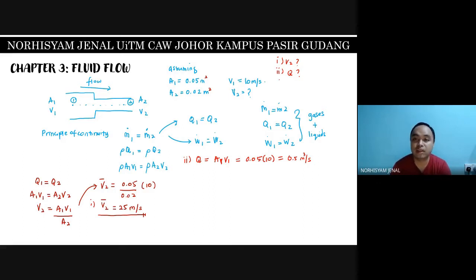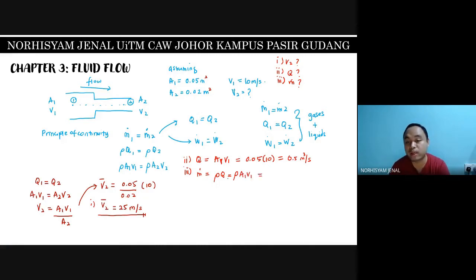All right, number 3, maybe they will ask you what is mass flow rate. Okay, so number 3, the mass flow rate should equal to rho times Q, or rho A1 V1, and it can also be rho A2 V2.